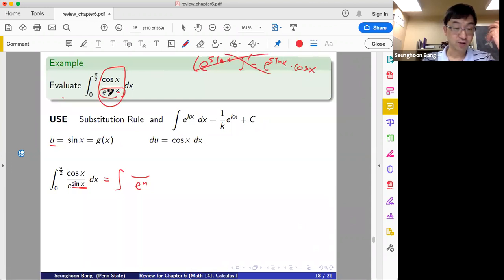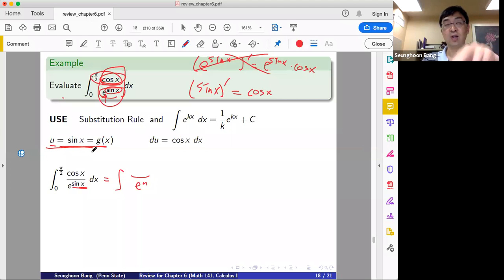Sine of x is the inner function. The e to the sine x is the outer function. Only try the sine x prime. Sine x prime is cosine x. Yes, we have it. This is a good choice. This is the idea. You can take a derivative. The derivative is in the integrand. This is a good choice for finding u. Yeah, only trial and error.